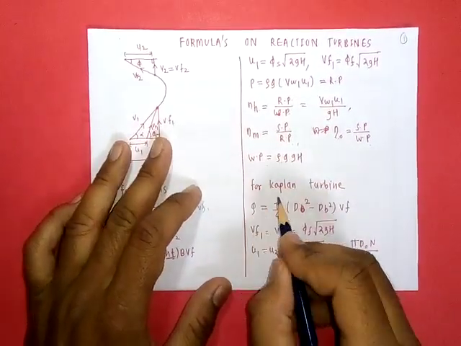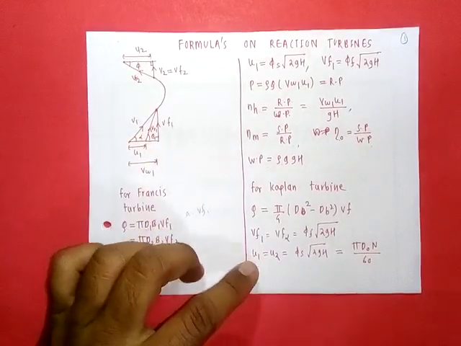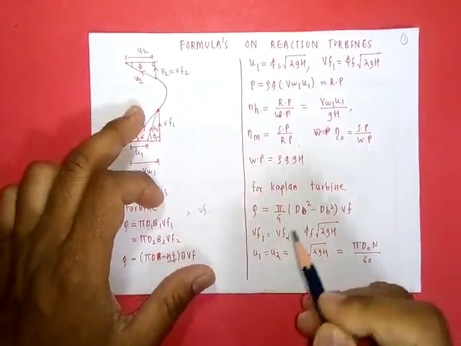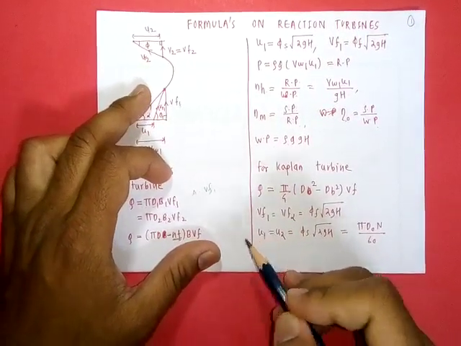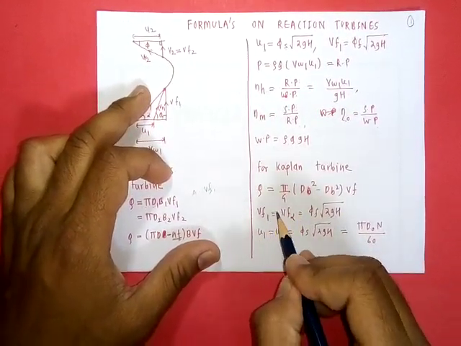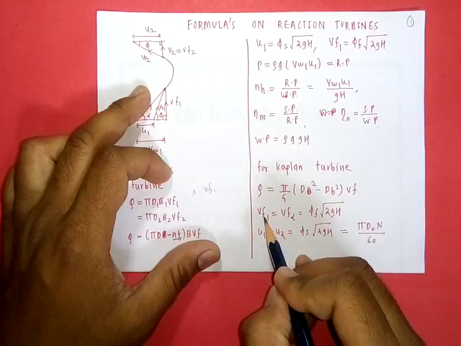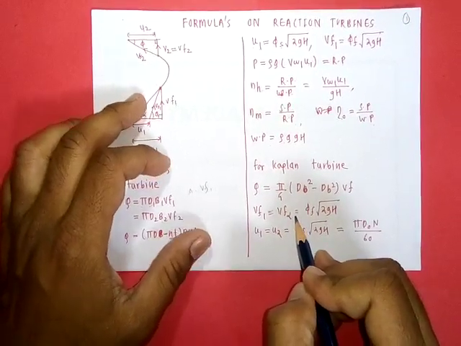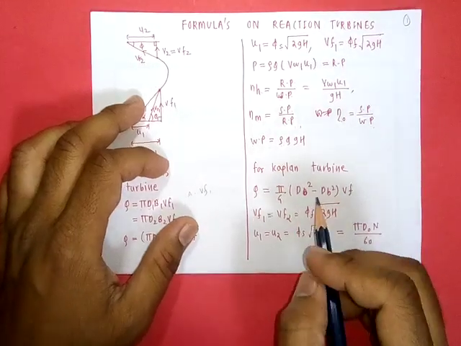Then for Kaplan turbine, the velocity diagram remains the same, but there are some correlations. Velocity of flow at inlet and outlet remains constant, so Vf1 is equal to Vf2 here.